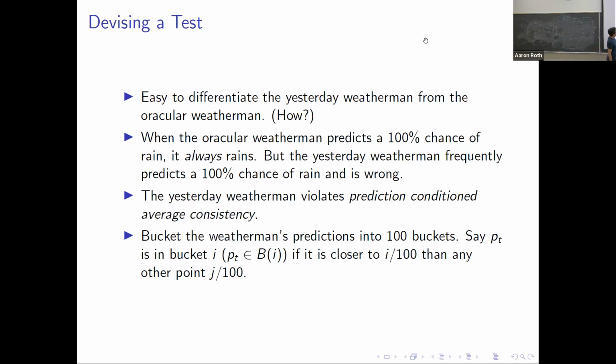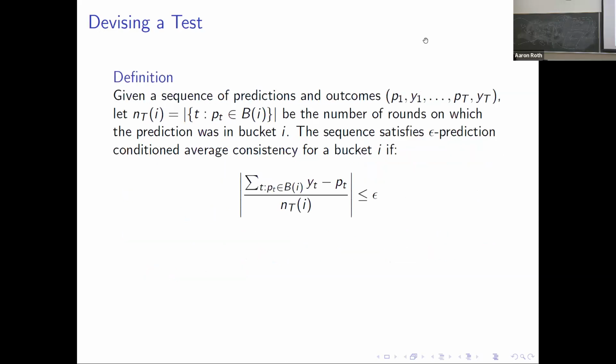We'll say that a particular prediction, which could have arbitrarily many bits of precision, is in bucket i if it's closer to i/100 than to any other point j/100. So we're going to make sure there are only 100 distinct conditioning events that we check for. And this is the kind of test we're going to think about.